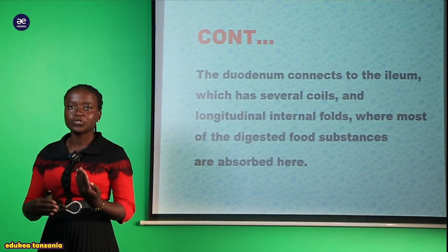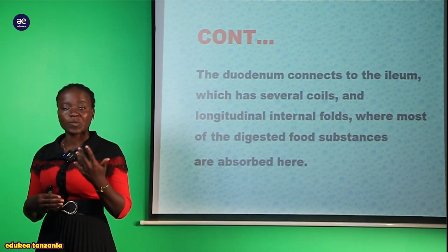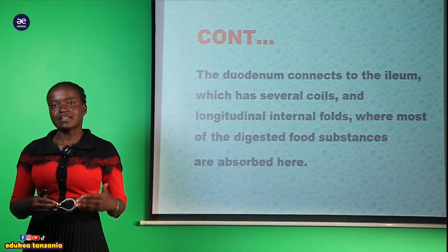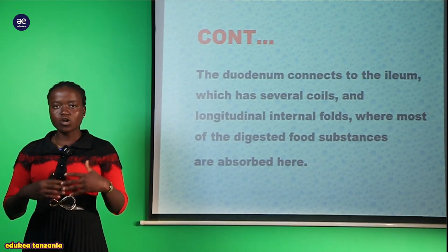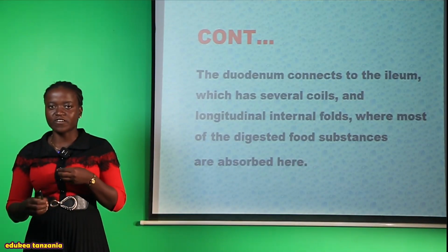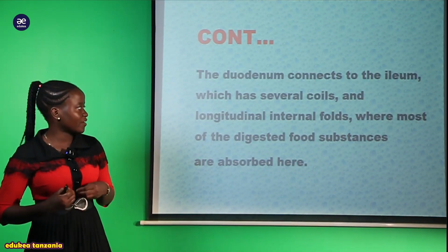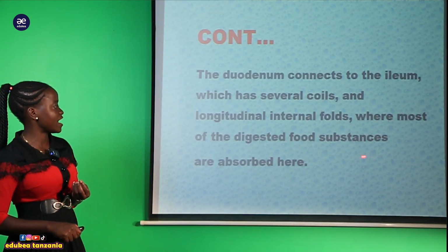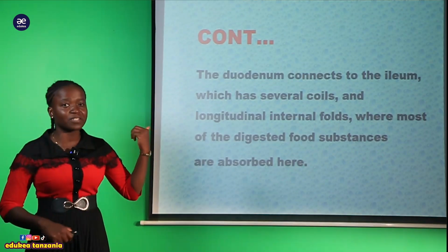Kunakuwa na mikunjo mingi sana. Ileum ni utumbo mwembamba ambao unapatikana ndani ya frog. Sasa ndani ya hii ileum ndipo ambapo absorption of food inatokea very easily. So now you can see here we have said that most of the digested food substances are absorbed here.